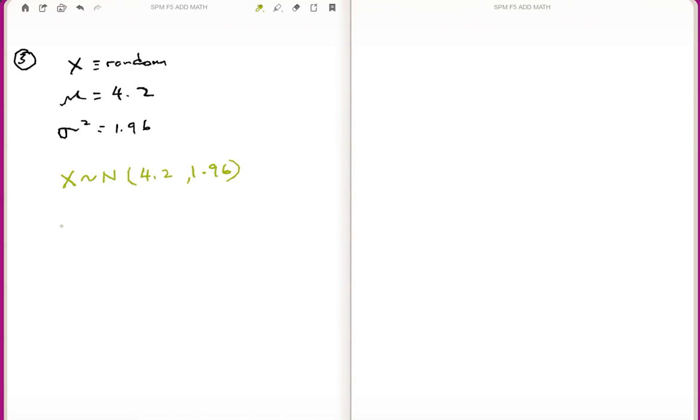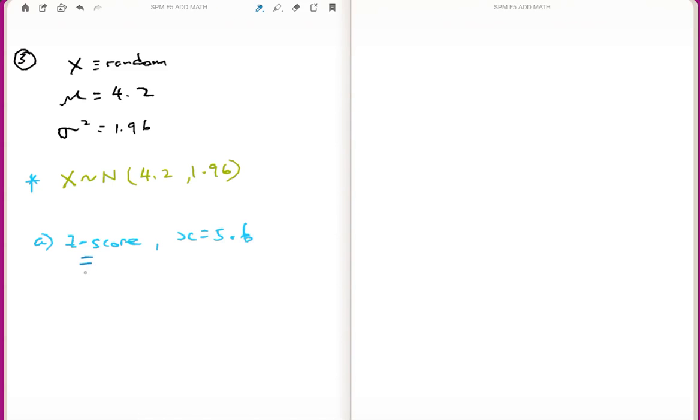Then the first question they ask, this is mandatory, it helps you to solve the question. Those are the things that you need to follow closely, systematically. Find out what's the z-score when x is equal to 5.6. Quite a lot of students, when it comes to this stage near SPM, forget things.